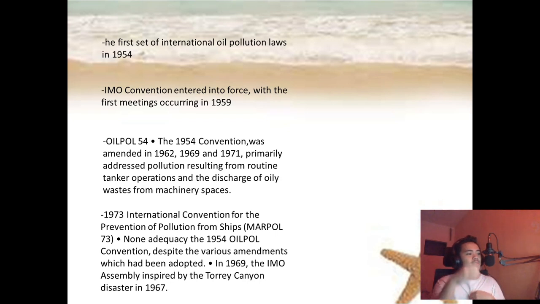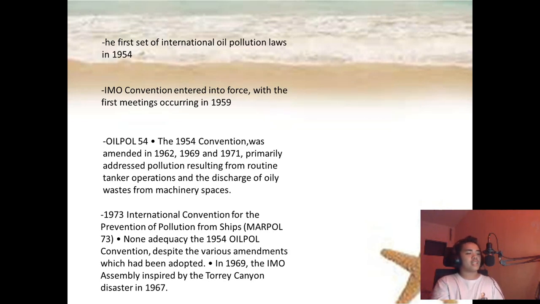So in 1973, the International Convention for the Prevention of Pollution from Ships, MARPOL 73, came about due to the inadequacy of the 1954 Oil Pollution Convention, despite the various amendments which had been adopted.